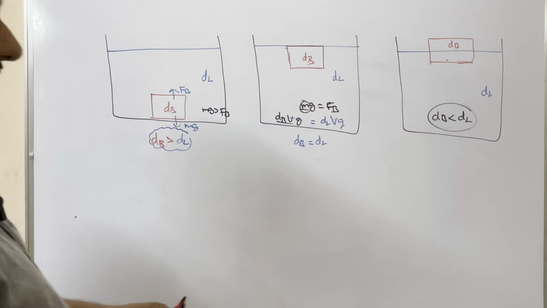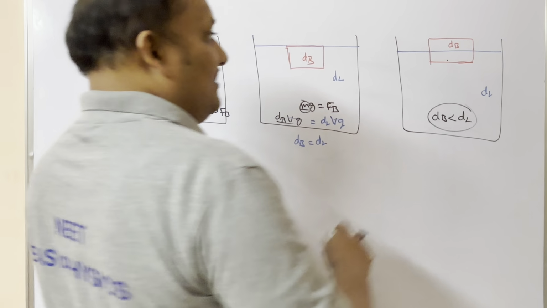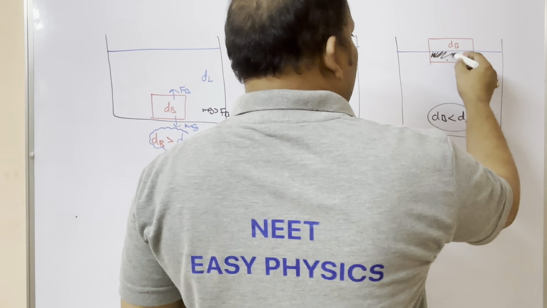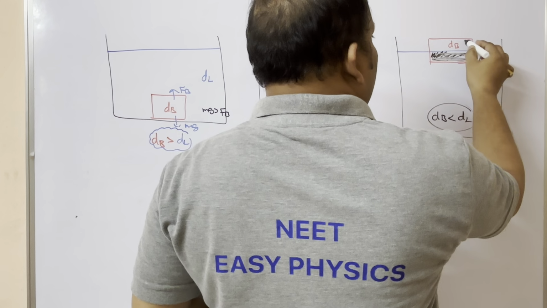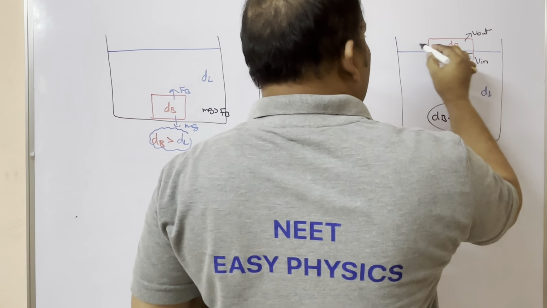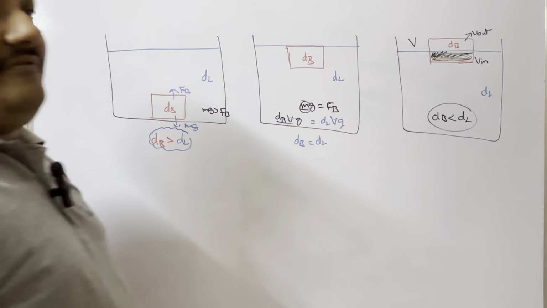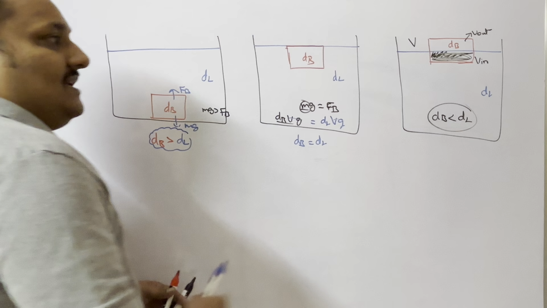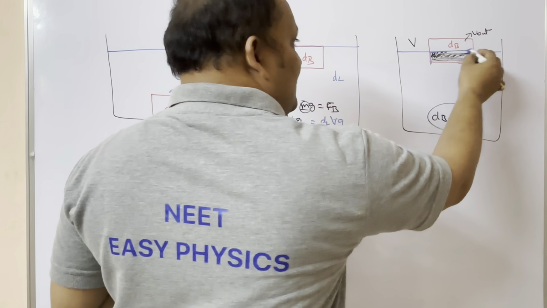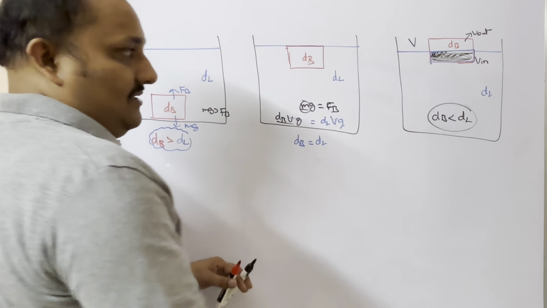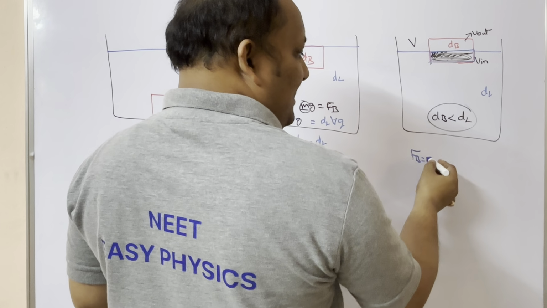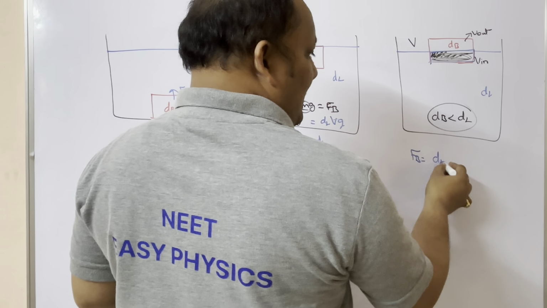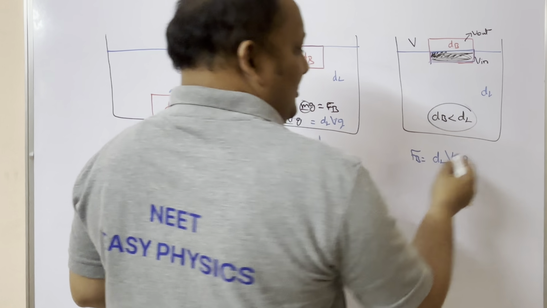How much will be inside the liquid? Let us assume this is the volume, the portion of volume inside. Then this is going to be remaining outside. Total volume is going to be V. Now how will we write the formula? In this case, for the immersed portion, the buoyancy force FB is going to be equal to dl V in g.